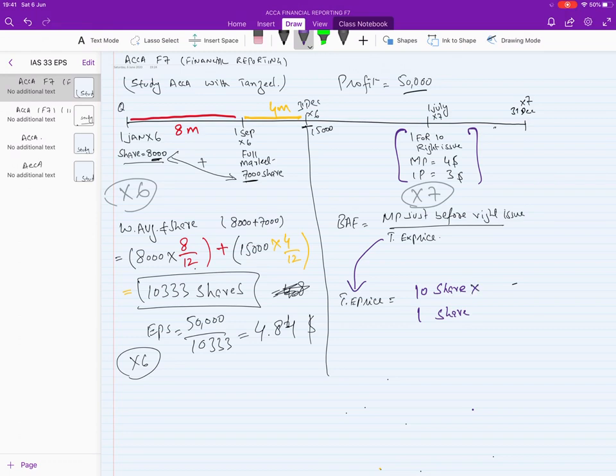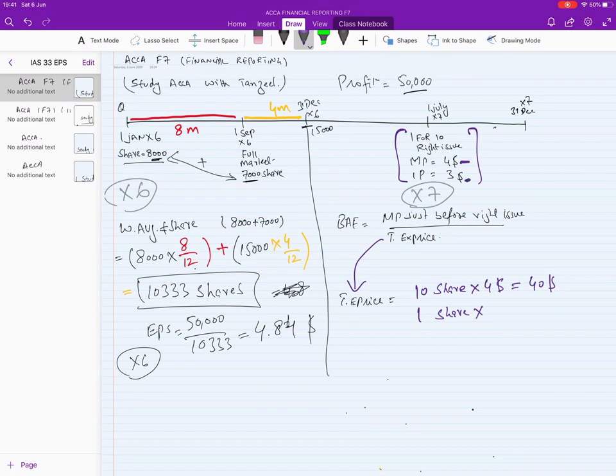The market price is $4, and whoever has 10 shares, each share will cost 4, so you will have a total cost of $40. Now the issue price is $3 for 1 share.